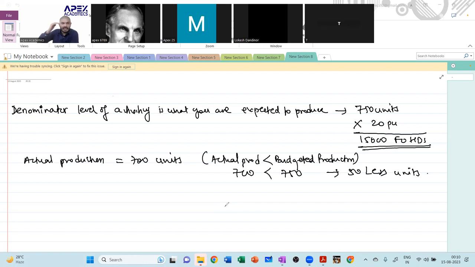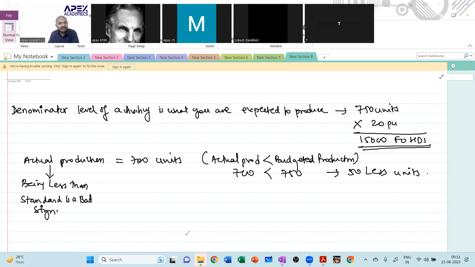What is the meaning of 50 less units? Basically, is it good or is it bad? This is a bad sign. Being less than standard is a bad sign. Why is it a bad sign? The expectation is 750. You are doing only 700.